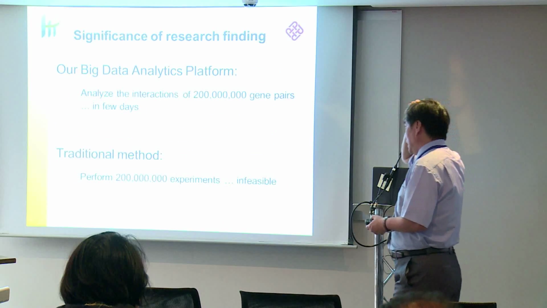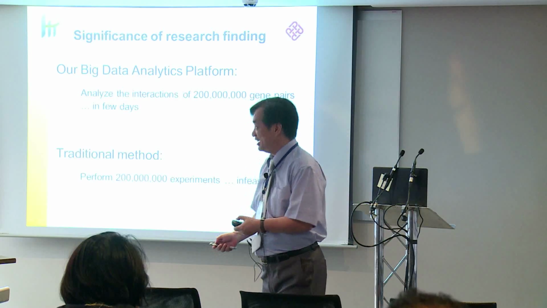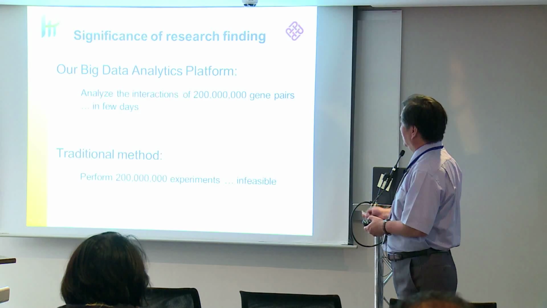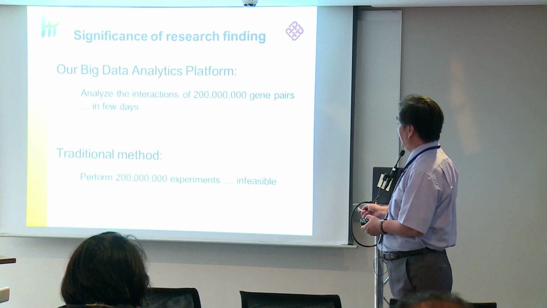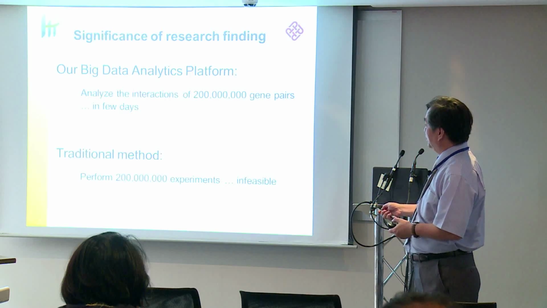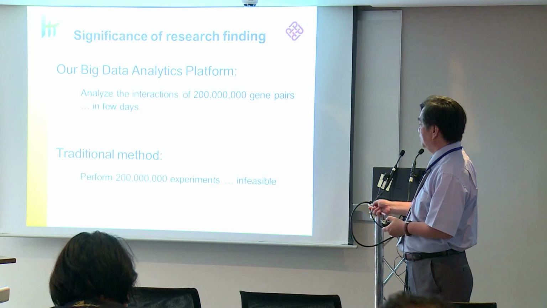Our university held a press conference for our finding, and they tried to understand the difference between our new platform and the traditional method. They said our platform can analyze the interaction of 200 million gene pairs in a few days.